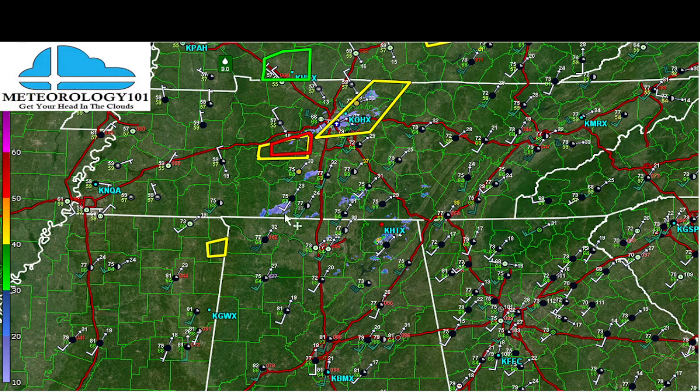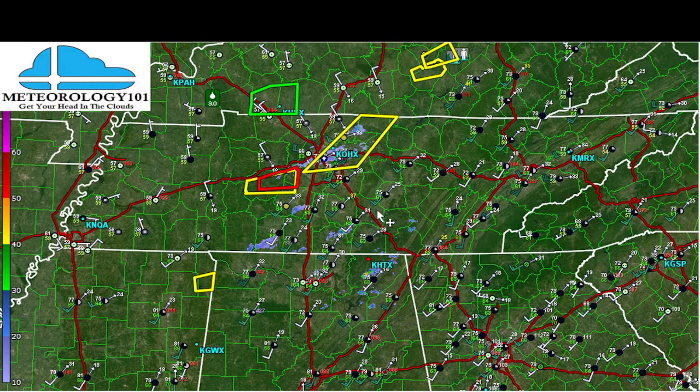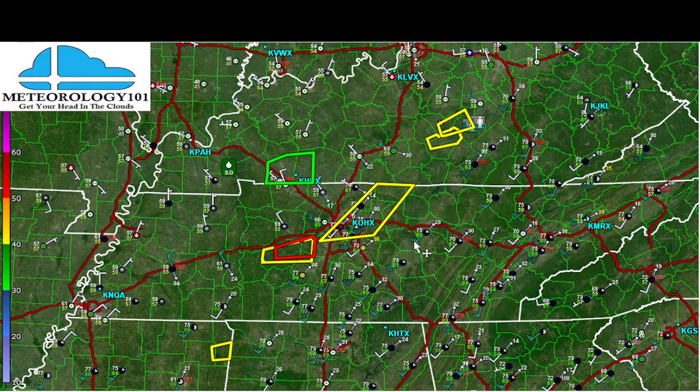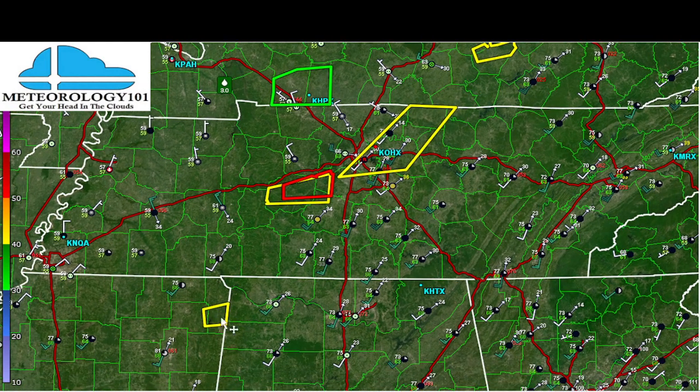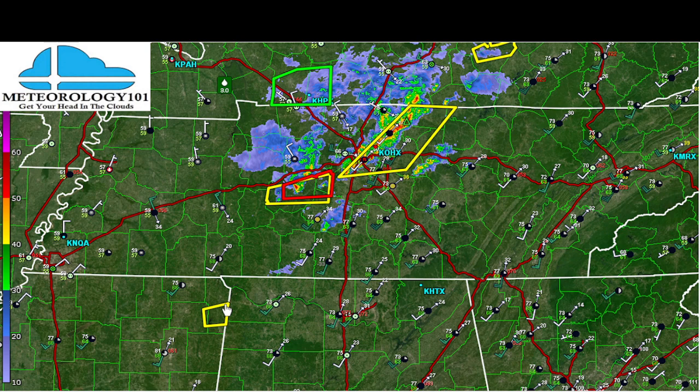I'm having some trouble downloading this data for some reason. It's taking a while. Go to another radar. Try this one. See if we can pick something up on this storm, this severe storm.